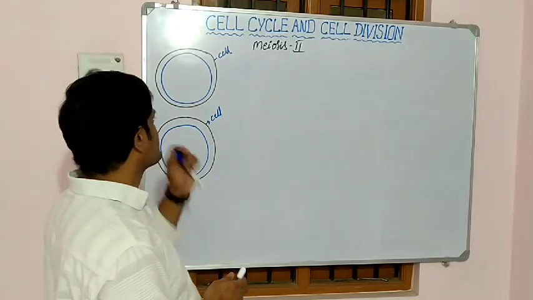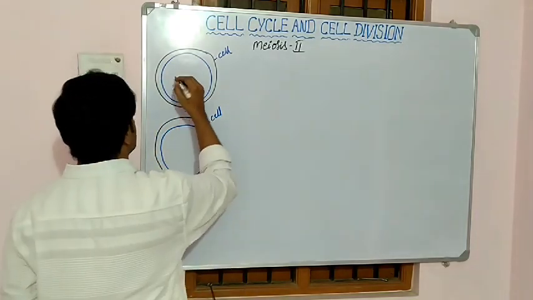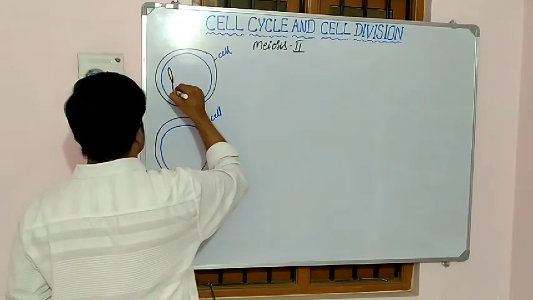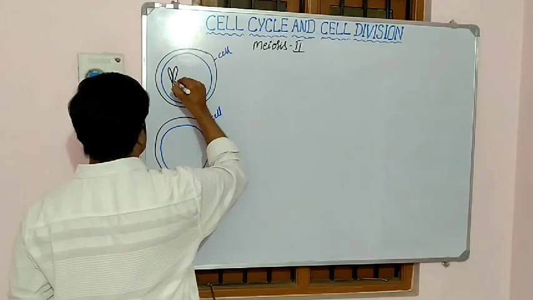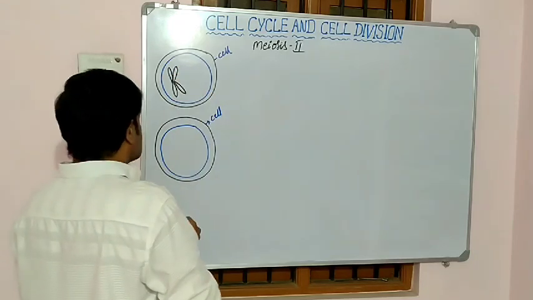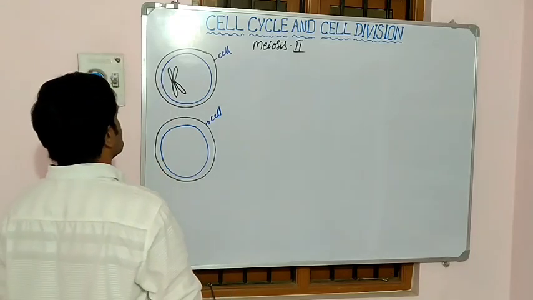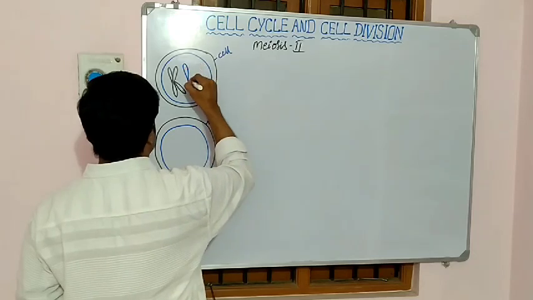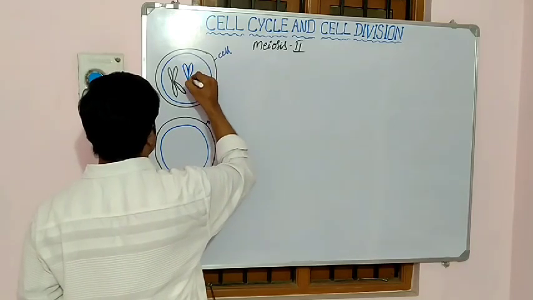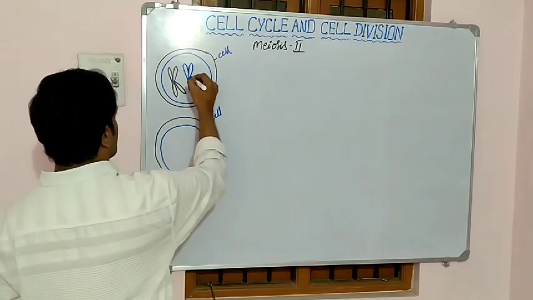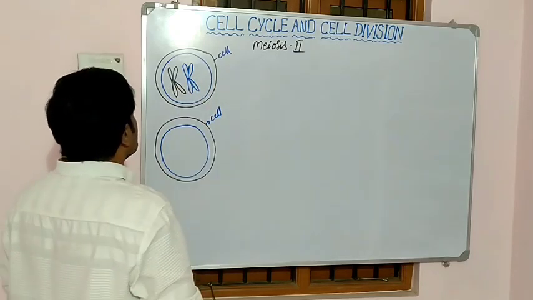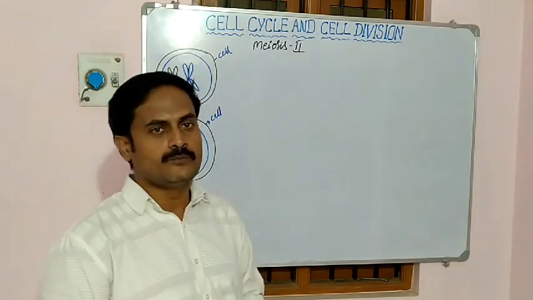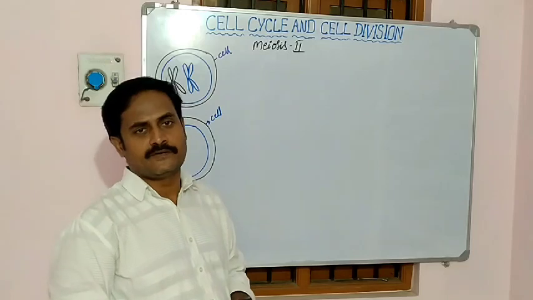Okay, what happens here? See, inside of the nucleus there are chromosomes. Like this, chromosomes are present inside the nucleus. Once the cell is involved in meiosis 2, it also has four main phases.